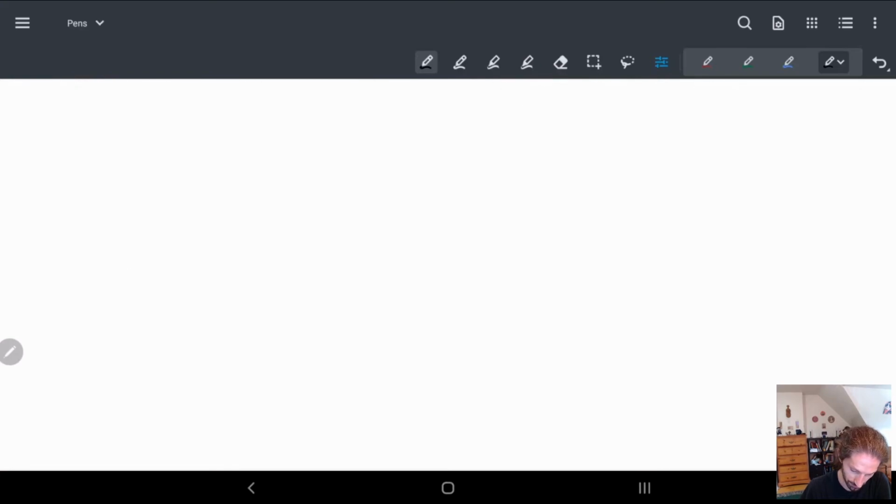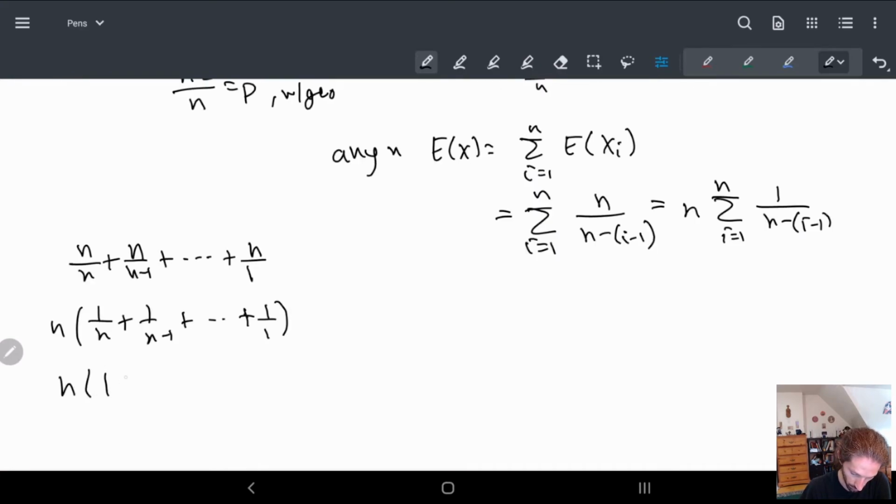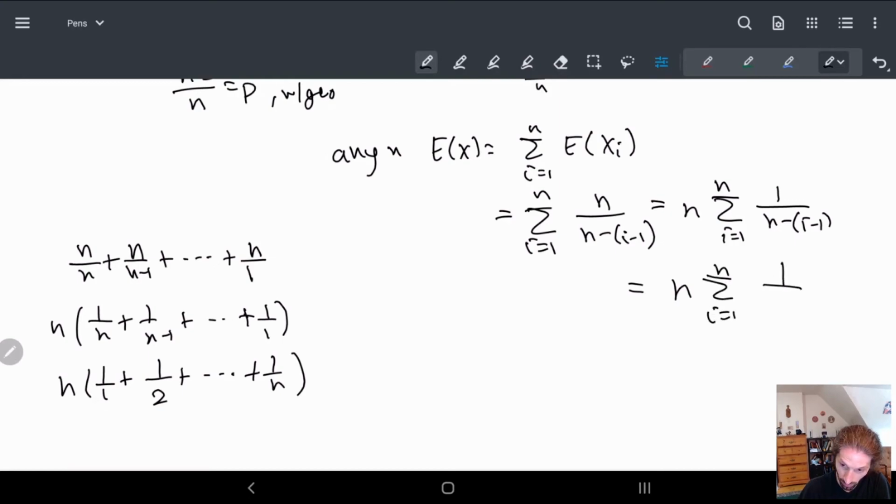Flipping this, I have the same series as before. So this is equal to n times the sum from i equals 1 to n of 1 over i.